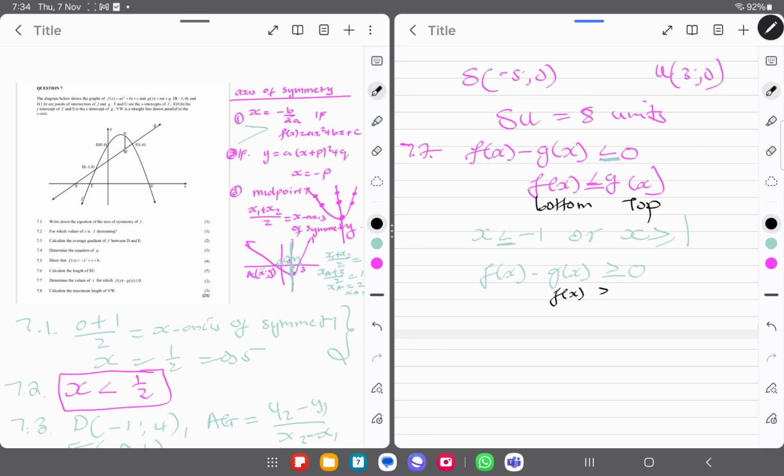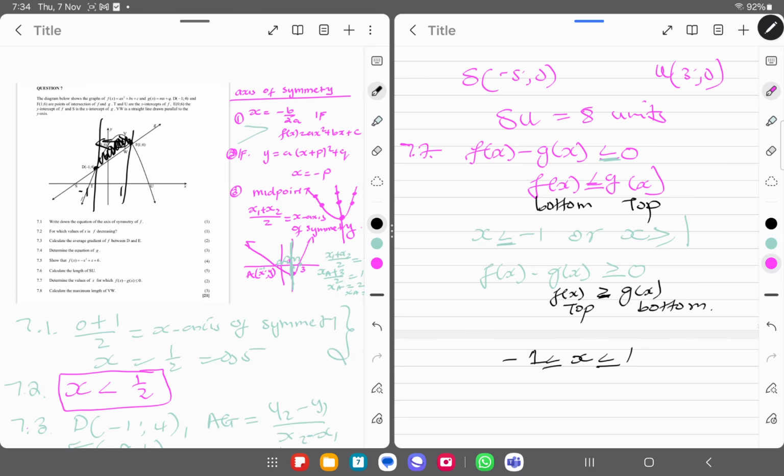So this will be f of x greater than or equal to g of x. So it's here, that as well has the solution. It's at negative 1 and 1, so there's no break. It's in between these two numbers. So we say minus 1 is less than x, which is less than 1. But because they said equals to, I need to also include my equals to there.